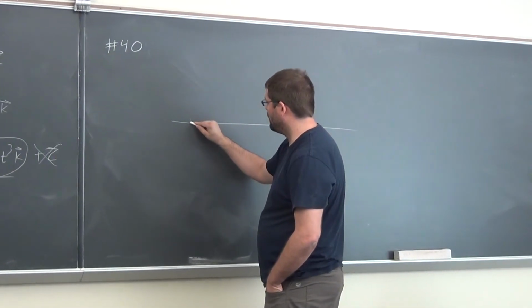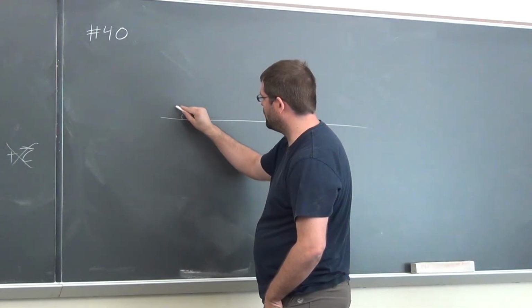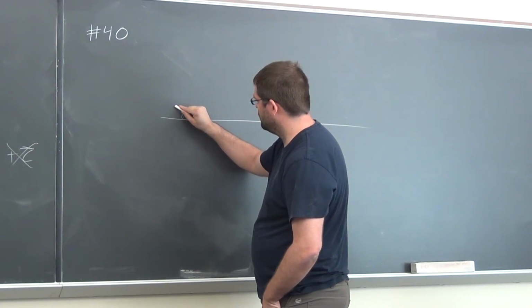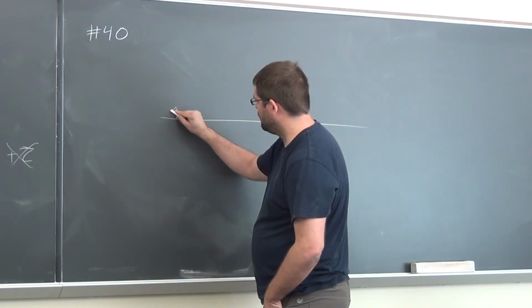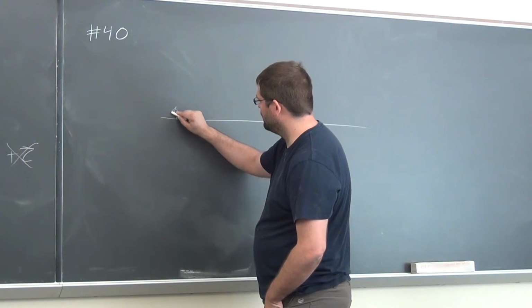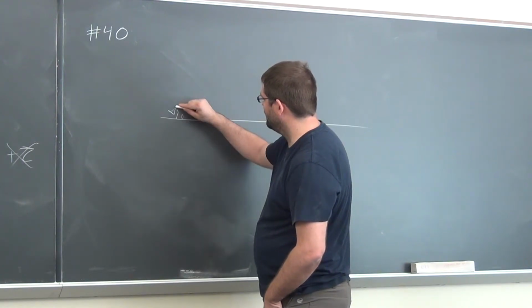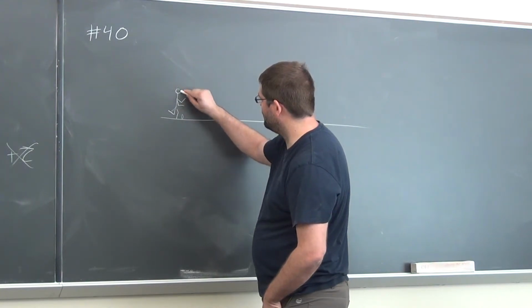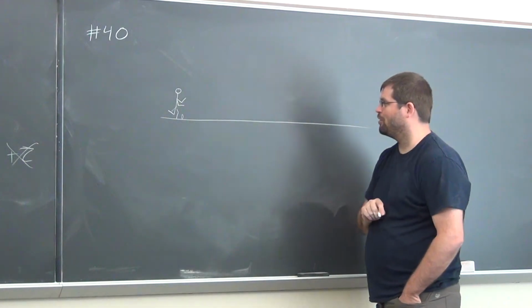You have a football, a giant football. I guess I'll draw my person. The foot is back. How does your foot look when you're about to kick? Something like that. All right. Everybody follow the setup.